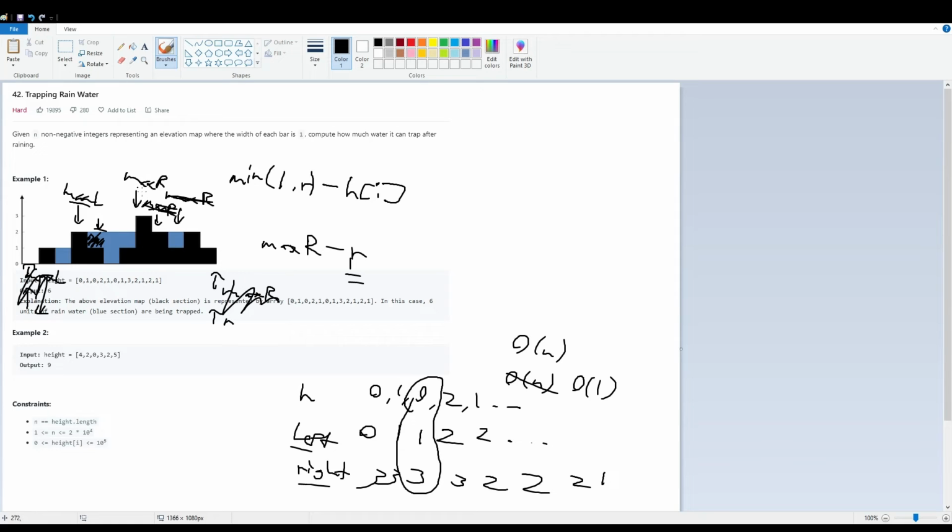Why not maximum right minus regular left? Well, because we know that this guy is already smaller, so this is going to be the limiting edge. Then we do that equation and add it to our final result. And we finish when the regular left and regular right pointers meet.